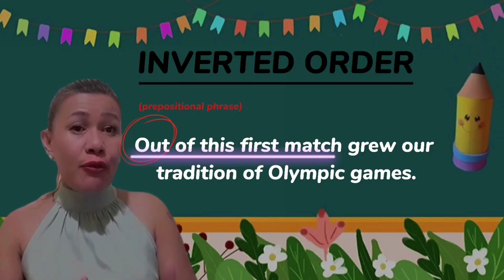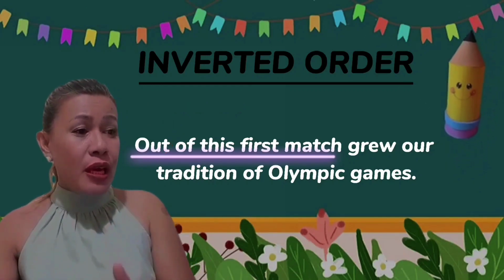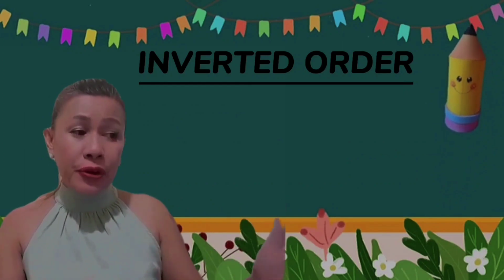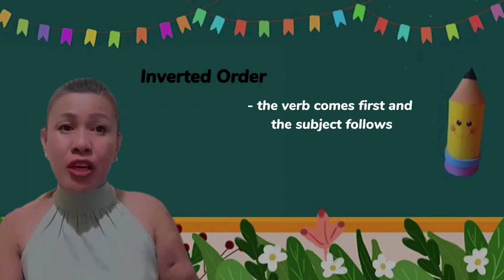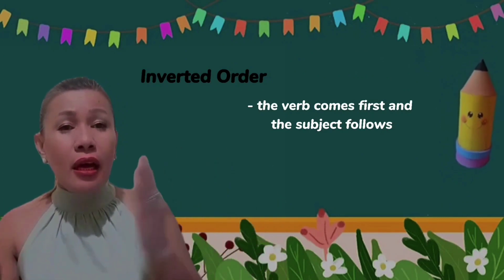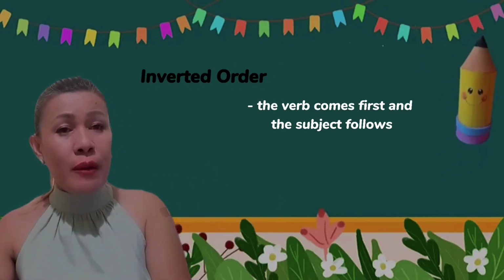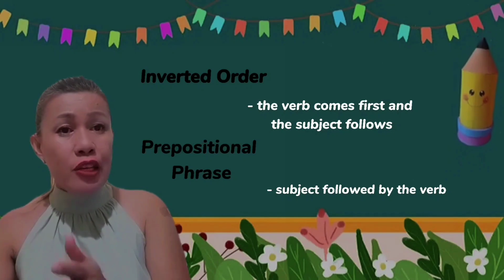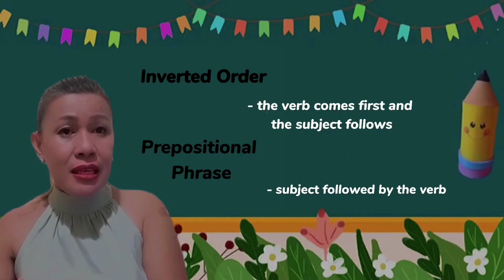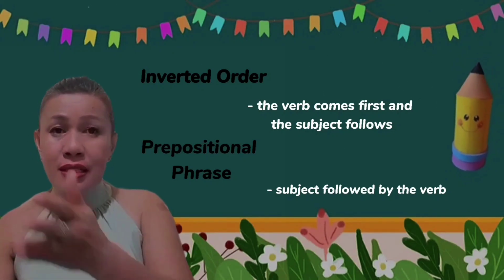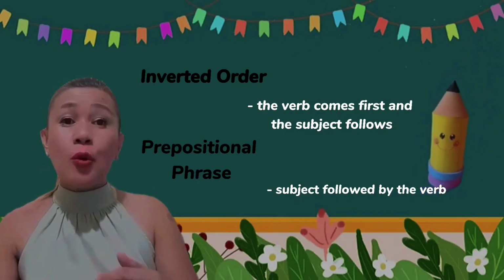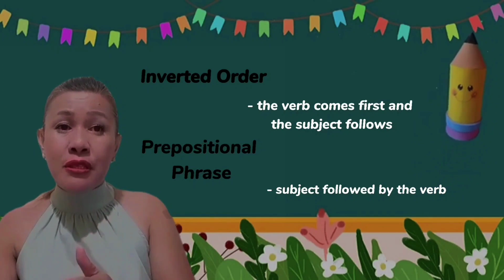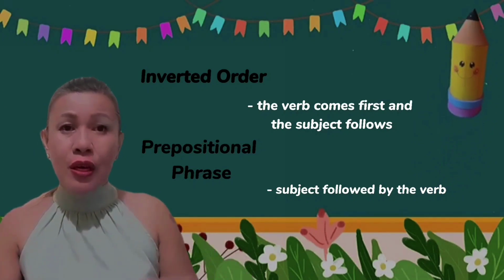What differs it from the prepositional phrase is that in an inverted order, the verb comes first and the subject follows. In a sentence with a prepositional phrase introducing your sentence, the order is subject followed by the verb. But when you have the inverted order, it's the verb coming first followed by the subject.